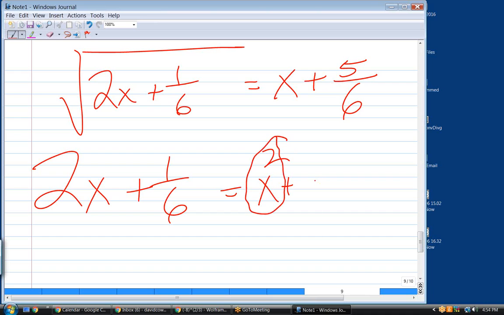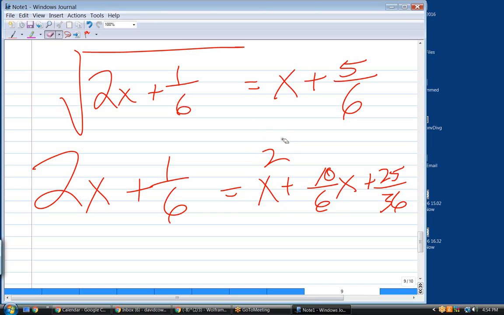The middle term is 2 times that, which is 10/6 x, plus 25 over 36. Okay, I see what that is. Don't forget that middle term. That really is the most common mistake made in algebra, that x plus 1 squared is x squared plus 1, and it's not.